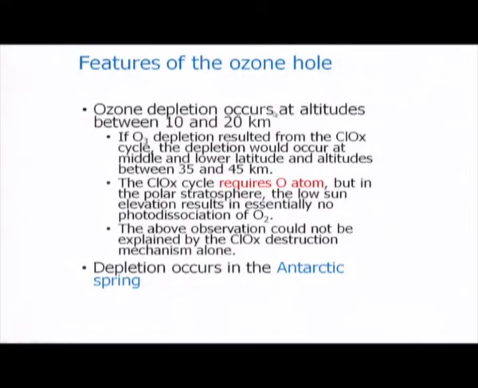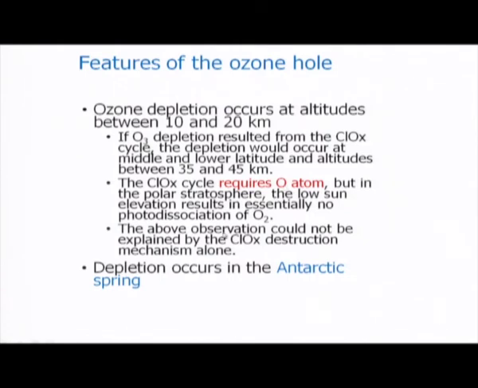Ozone depletion occurs at altitudes between 10 and 20 kilometers usually, and if the ozone depletion resulted from the chlorine oxide cycle, the depletion would occur at middle and lower latitudes and at altitudes between 35 and 45 kilometers. And chlorine oxide requires oxygen atoms, but in the polar stratosphere, the low sun elevation results in essentially no photodissociation of molecular oxygen, and there is no net formation of atomic oxygen in this region.